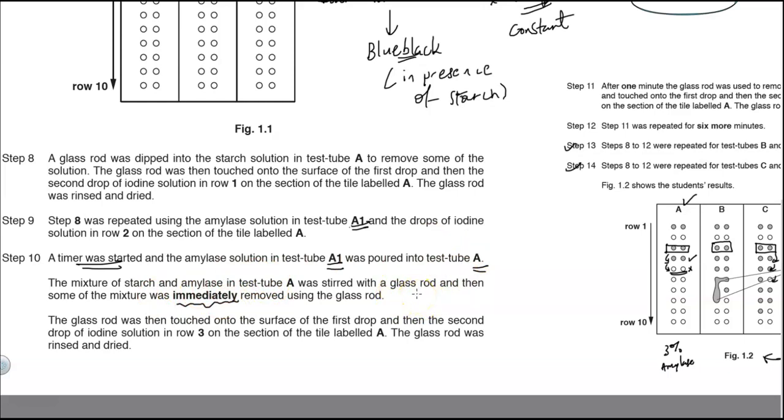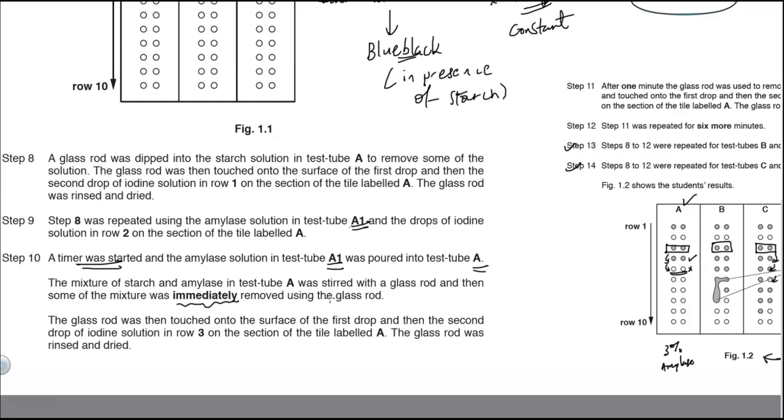So we mix it. We need to make sure that the starch and the enzyme are nicely mixed together. So we stir the glass rod, and then some of the mixture was immediately, you can see the word immediately has been put in bold. Why is it so? Because it's important. That's where the enzyme starts breaking down the substrate. The reaction starts here. And where do you put that sample? That's your first sample. So your enzyme and your substrate, your amylase and your starch, are together.